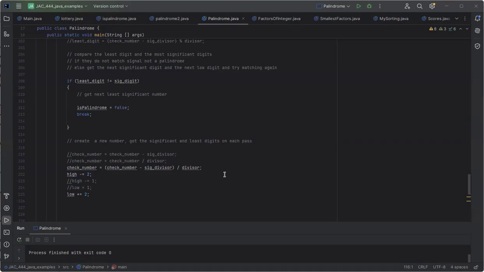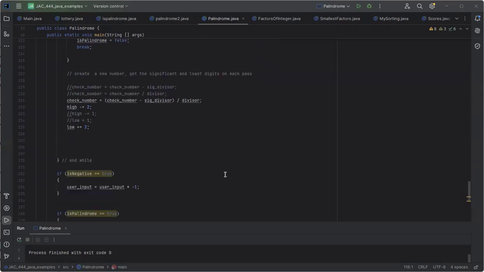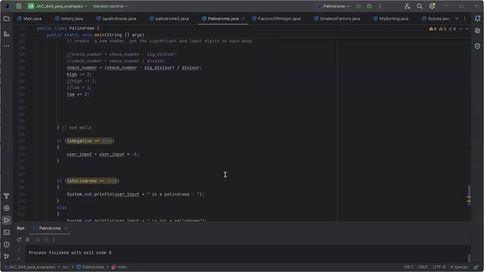So we again compare. If the two of them match, we will have a palindrome because the significant digits match with the least significant digits.